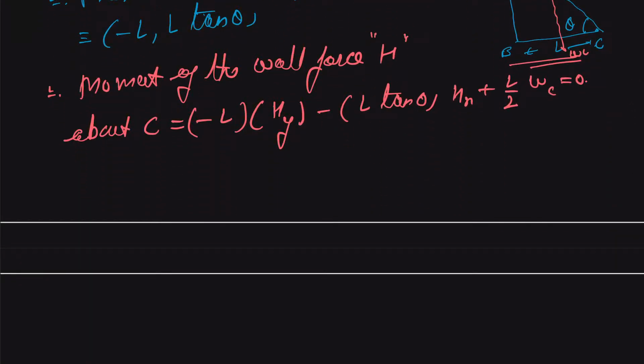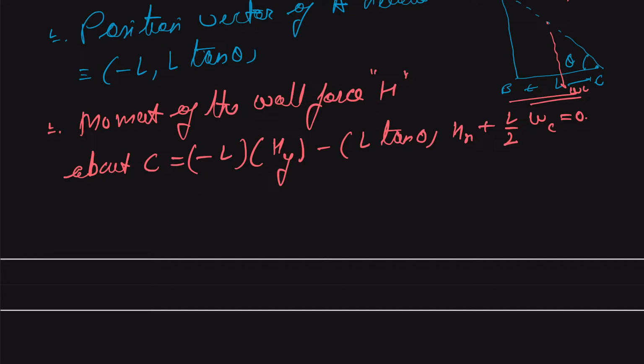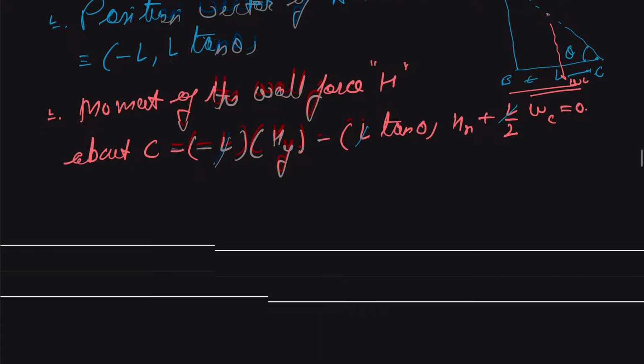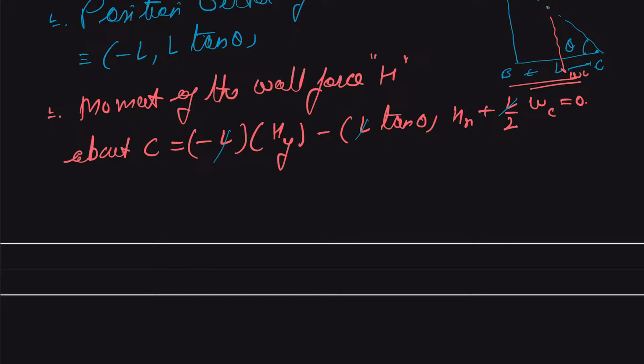And we can just cancel out our L here, so this L and L goes away. Therefore we are left with only minus H of Y minus tangent of theta H of X plus 1 by 2 W of C is equal to 0.